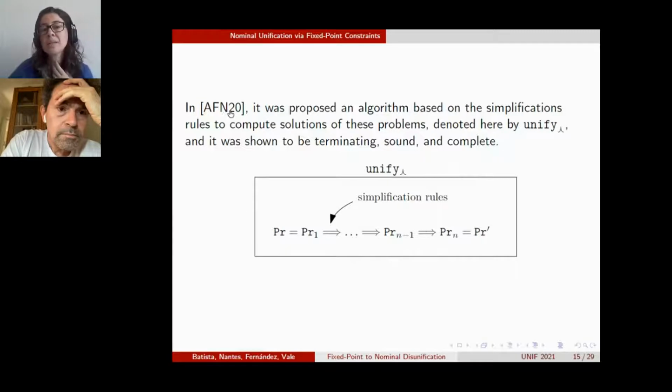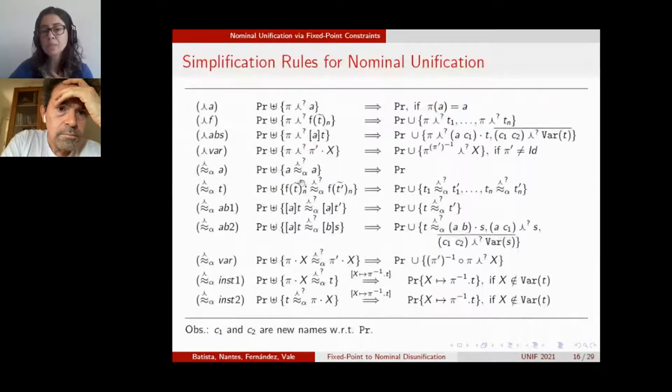The set of rules was given in a previous FSCD paper. They are very similar to the first order unification simplification rules, but we now have rules for abstraction. Basically we are applying the deduction rules bottom down.